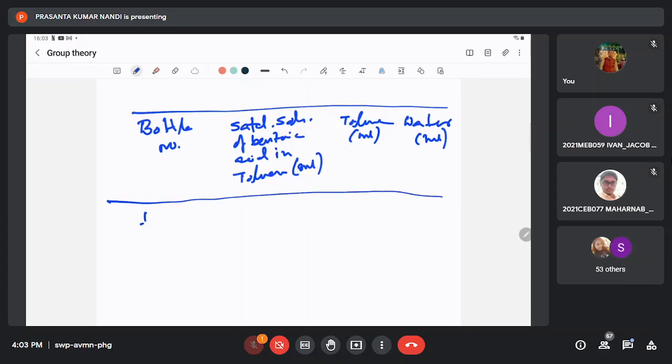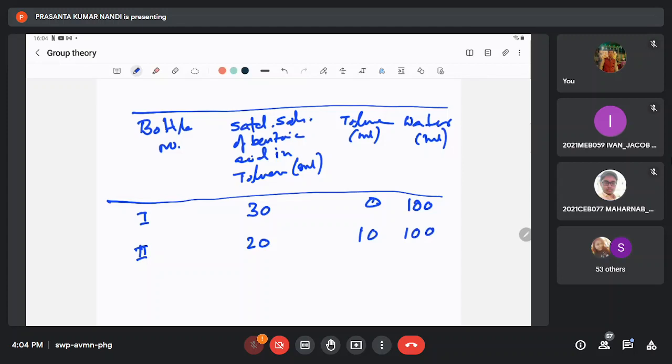Now in bottle number 1, you take 30 ml saturated solution of benzoic acid in toluene, 0 ml pure toluene and 100 ml water. In the next bottle number 2, you take 20 ml saturated solution of benzoic acid in toluene, 10 ml pure toluene and 100 ml water.